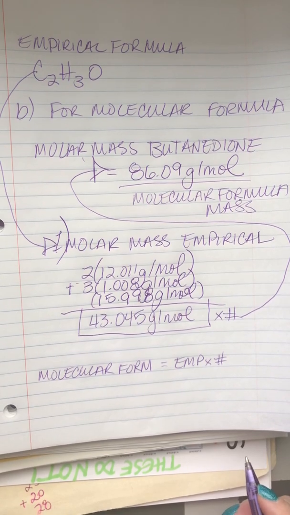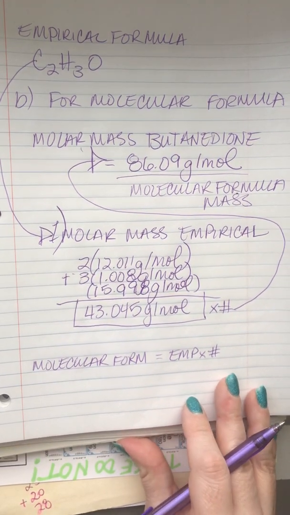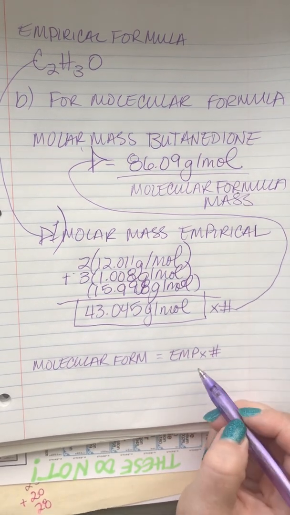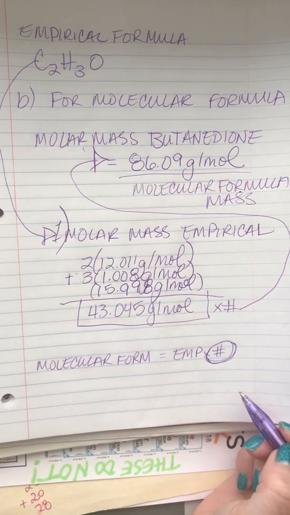Yeah, it's pretty easy to see here that it's 2, but let's just do the math formally so you can see how this works. We're trying to solve for this number.